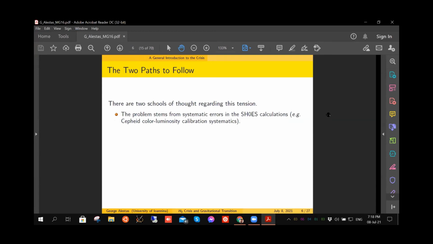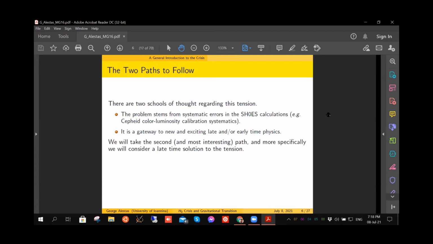Now, there are two schools of thought regarding this tension. The first one is that the problem stems from systematic errors in the SH0ES calculations. An example is a recent paper which considers the Cepheid luminosity calibration systematics. And the second school of thought is that this tension is a gateway to new and exciting late and/or early time physics.